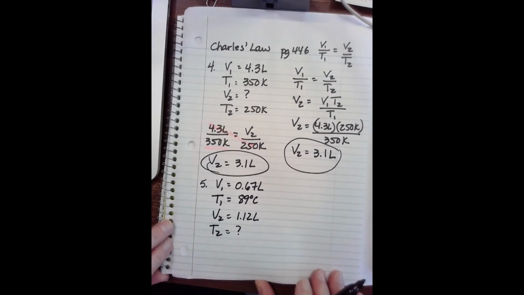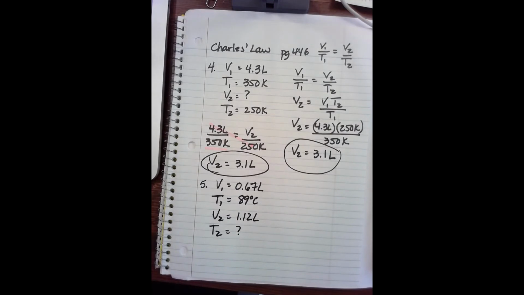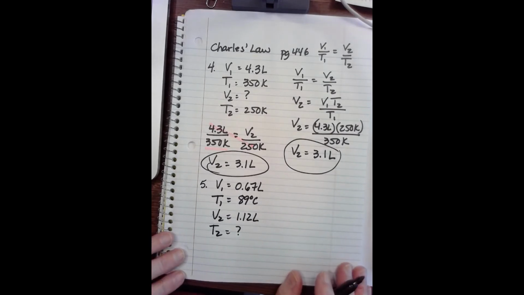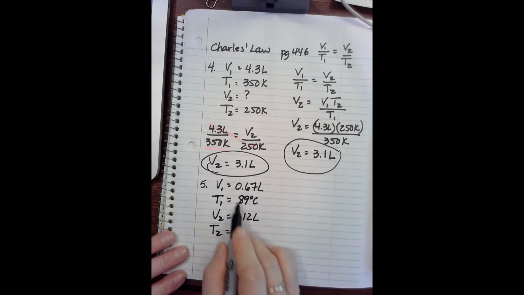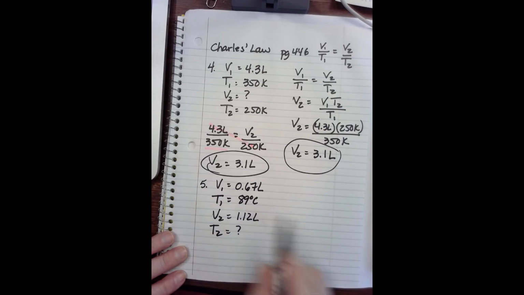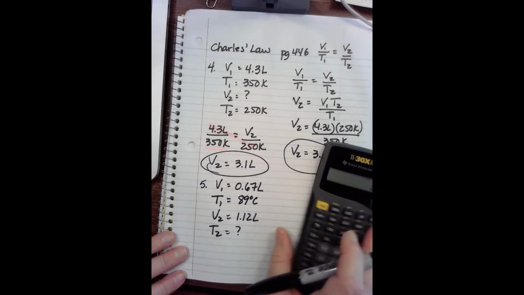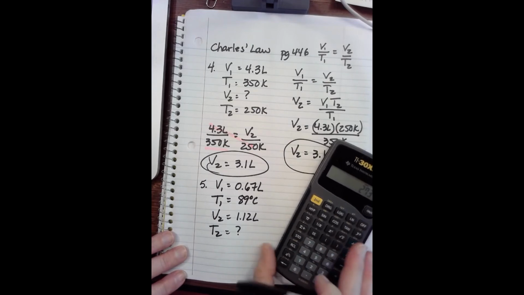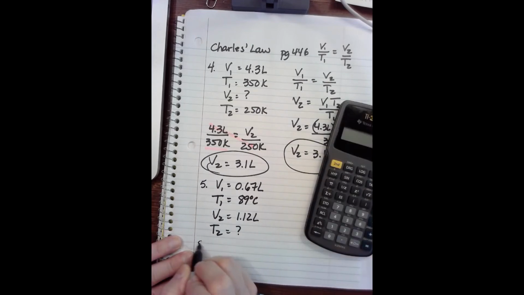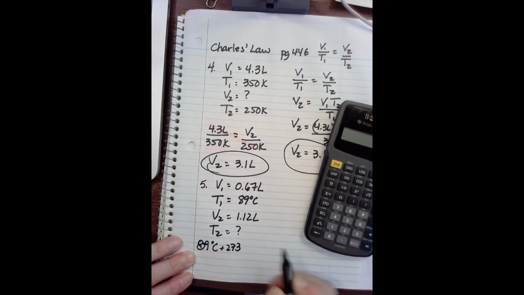All right, so hopefully you have already thought to yourself, well, before we can solve this problem, we have to change our temperature here to Kelvin because we're not allowed to use Celsius inside a gas law. So the first thing I'm going to do is take 89 Celsius plus 273, which gets me to 362 Kelvin.